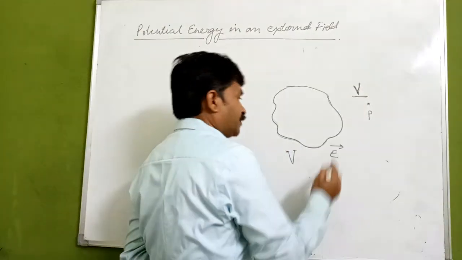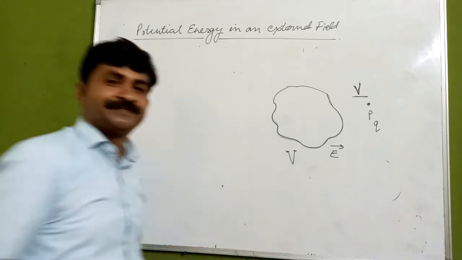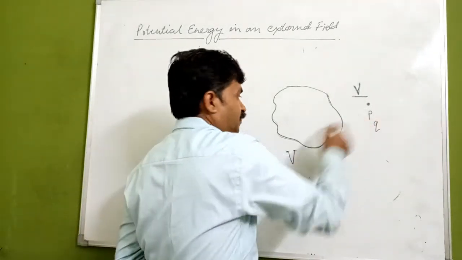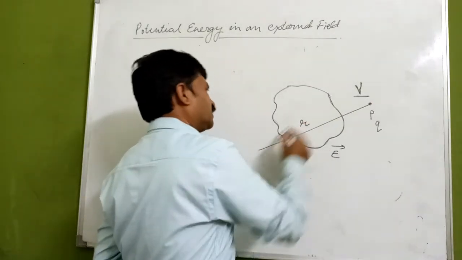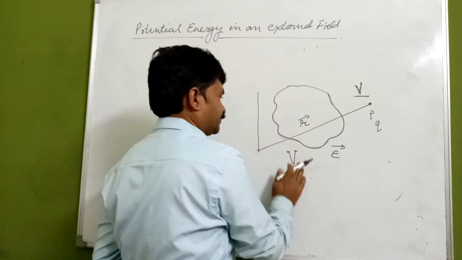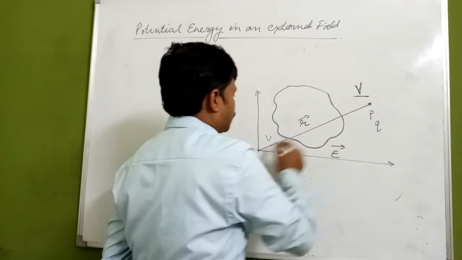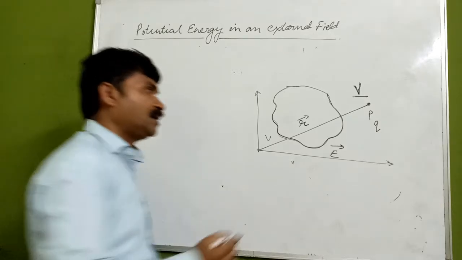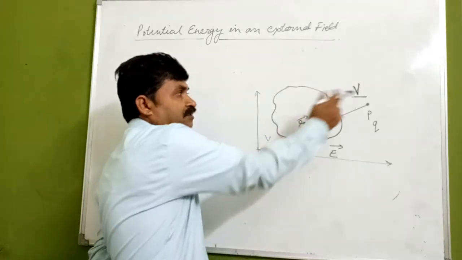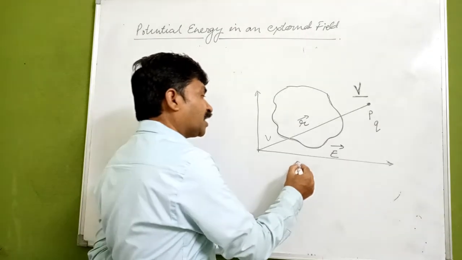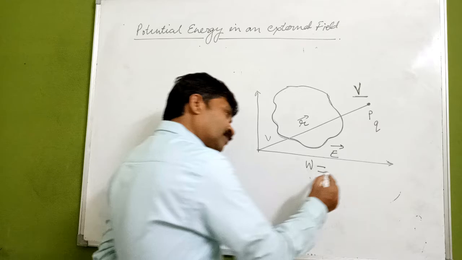It means if we are having some charge, say Q, at this point which is at some distance r, position vector, say like this, at point P. So the electric potential which we are getting here is the work done in bringing a unit positive charge. So W is equal to Q into V.